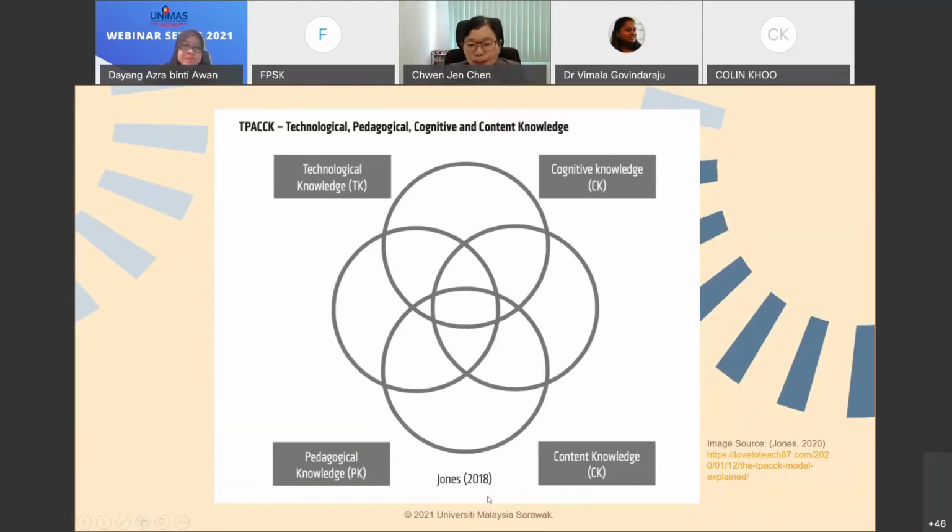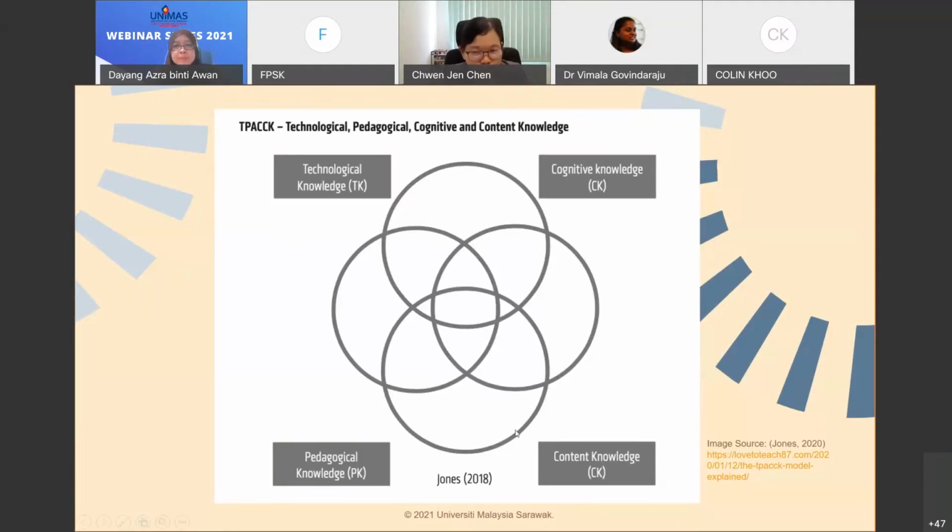In the same year, Jones proposed another dimension, which is called the cognitive knowledge, to be included in this model. Contextual knowledge was not there, but then it was proposed that cognitive knowledge needed to be added to the model itself.